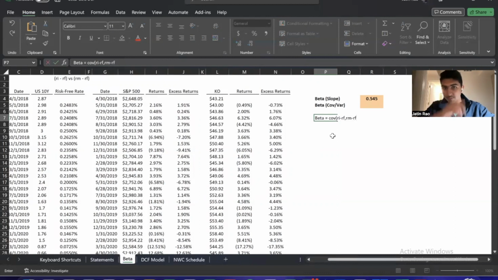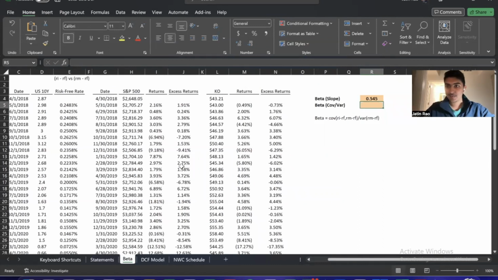So the covariance between the series of KO's excess returns and the series of the market's excess returns, divided by the variance of RM minus RF, the variance of the market's excess returns. If you're curious about how you derive this formula, take a class on investments, so investment management, or take valuation. Again, they will teach you this.